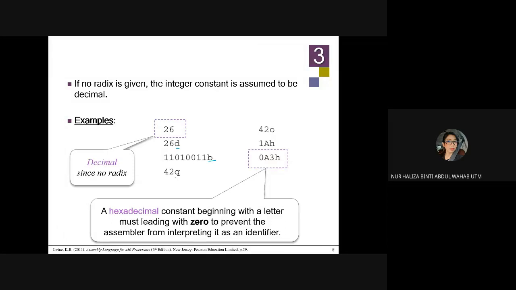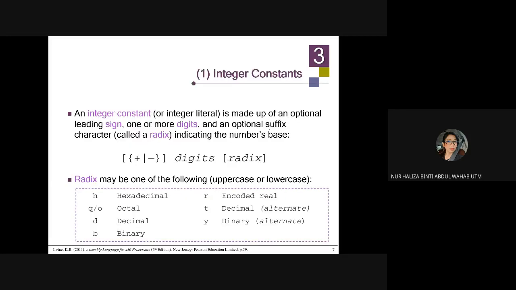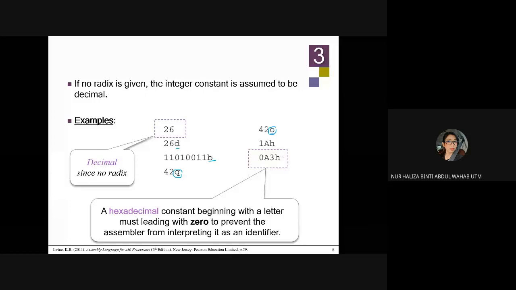This is the octal. This is also octal, where you can use Q and also O. Same, you can see over here. And this is the hexadecimal. A is equal to what? 10, isn't it?